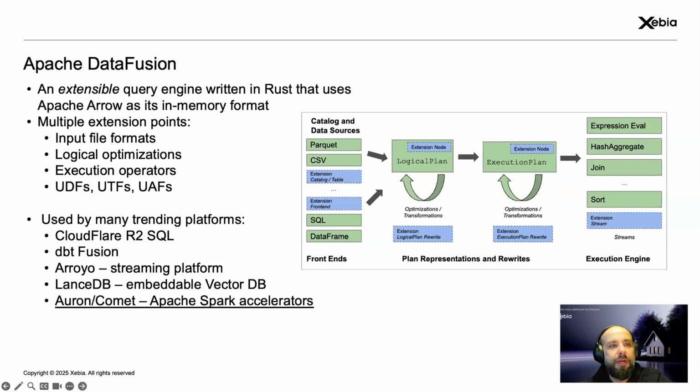So if you are trying to build a new query engine or new processing engine, both distributed or single node, you don't need to write it from scratch. You can take, for example, Apache DataFusion as your starting point, and then just add the things that you need.